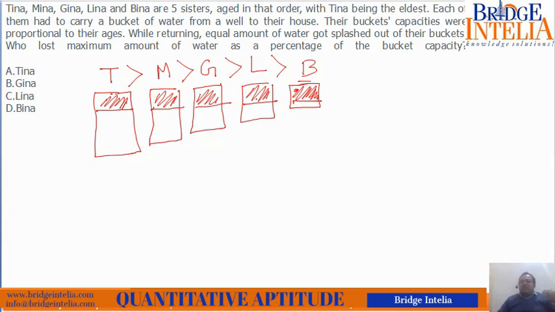But the volume of the bucket is different for different sisters. So you can see this sister is carrying the smallest bucket, and from that smallest bucket the same quantity is spilling out. So in terms of percentage, this sister has lost the maximum water that she was carrying. B, that means Beena.